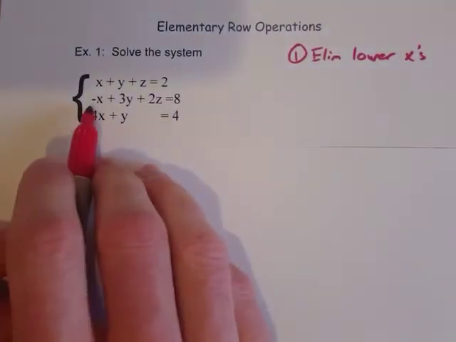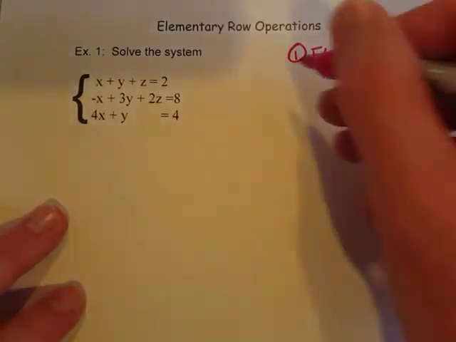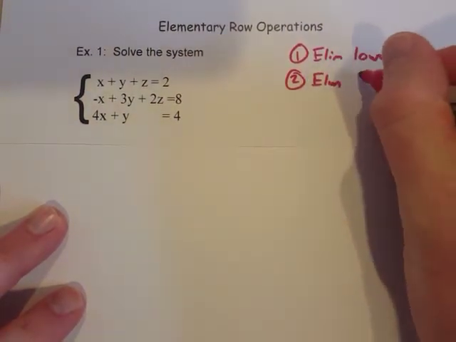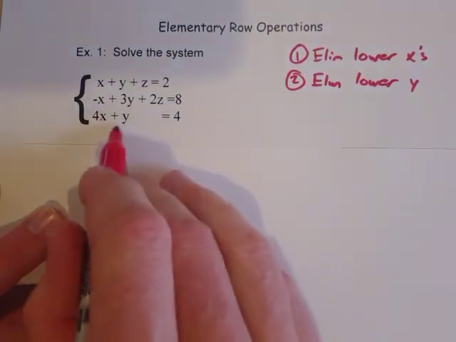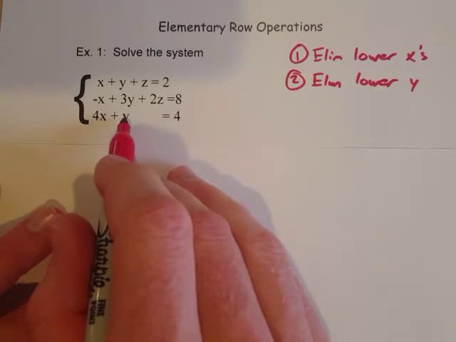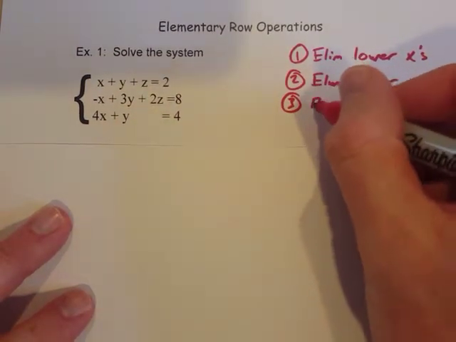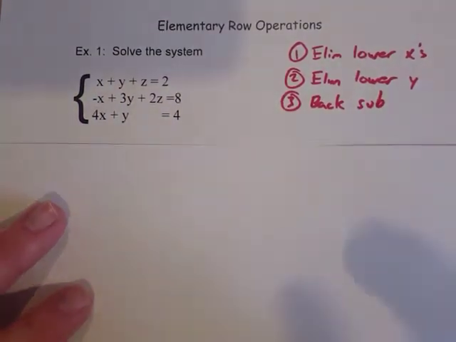In this case we've got negative x, we've got 4x. We want to get rid of those first. Once we do that, we're going to eliminate the lower y variable. That's just going to be this one right here in a 3 by 3. Finally, like our last example, we are going to do back substitution to figure out the final answer to all of this.